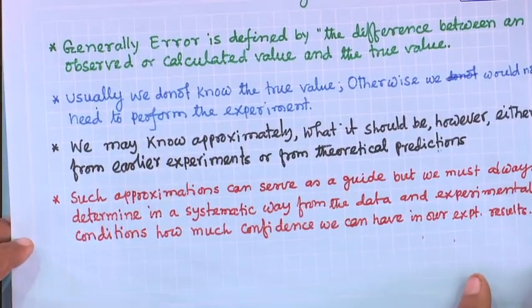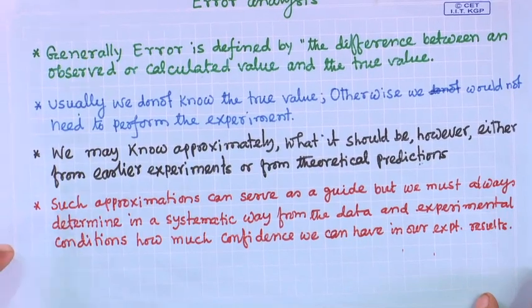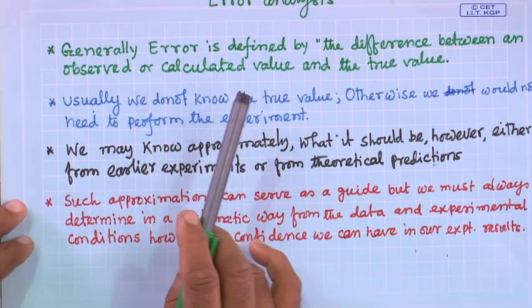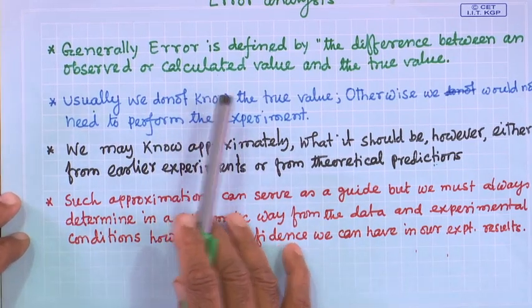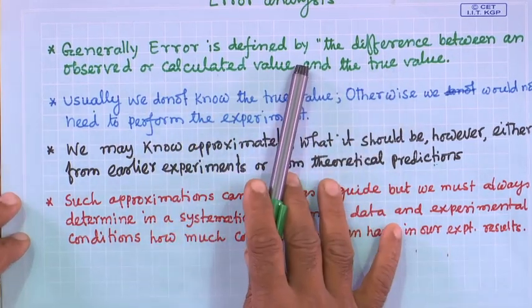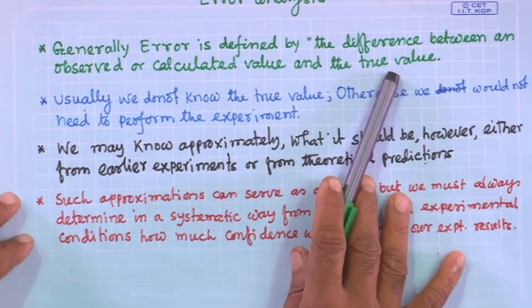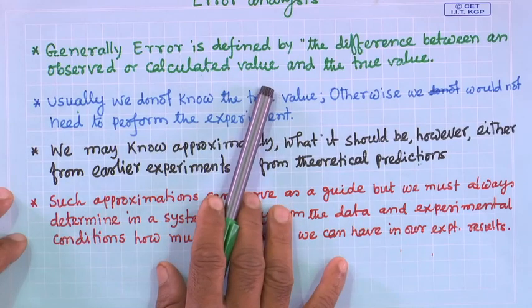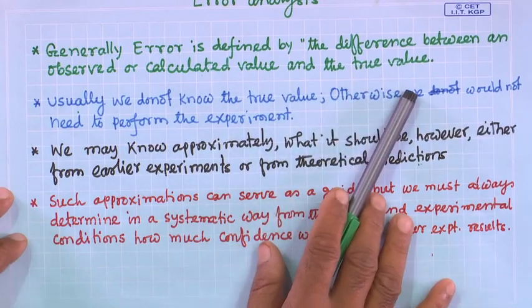Okay. So, what is error? Generally we define error as the difference between an observed or calculated value and the true value.